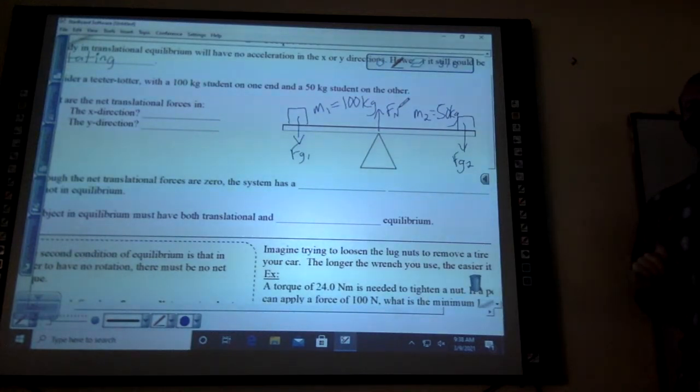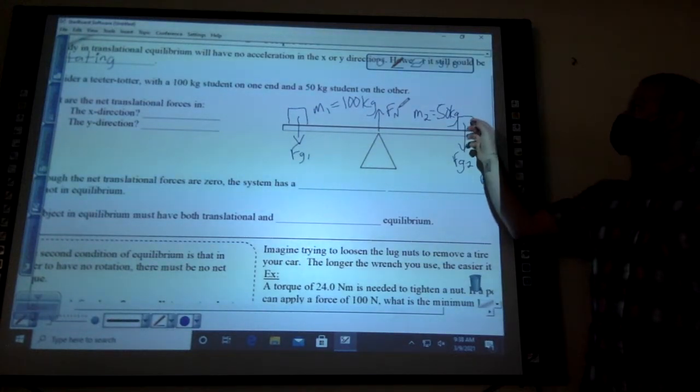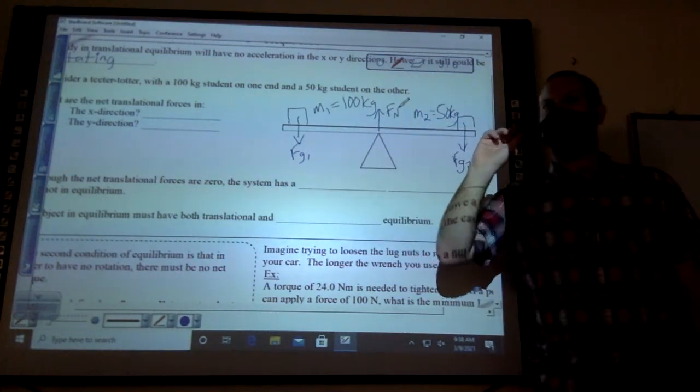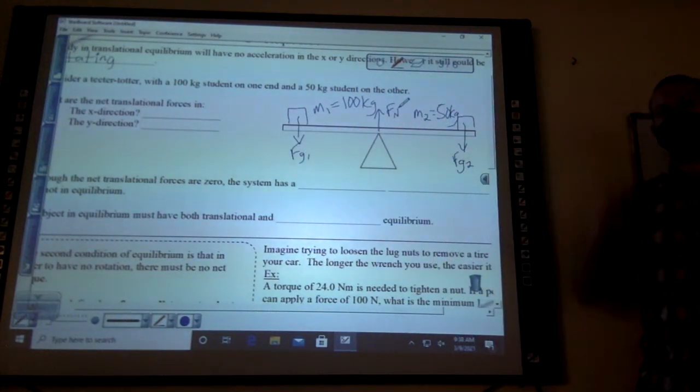Isn't on mass 2, there's a force that's going upwards? Yes, there is. There's a normal force on M2. There's a normal force on M1. I'm not talking about normal force. Because 100 kilos is heavier, it's going to be like this. Mm-hmm. So this one, there's a force going upwards.